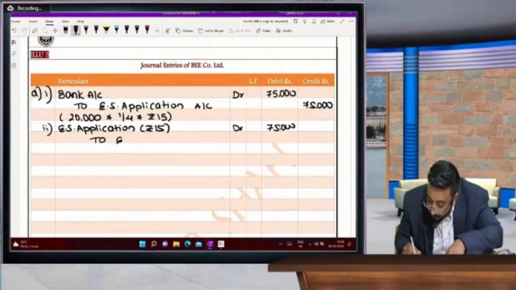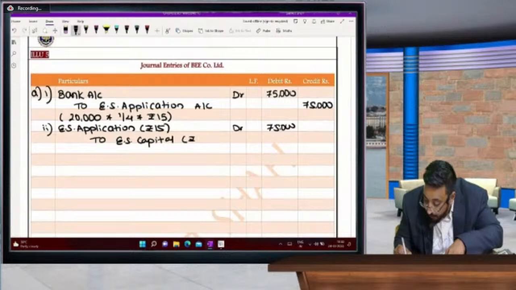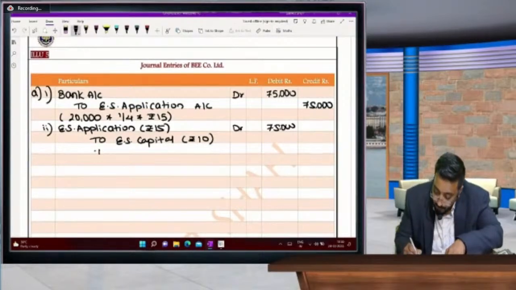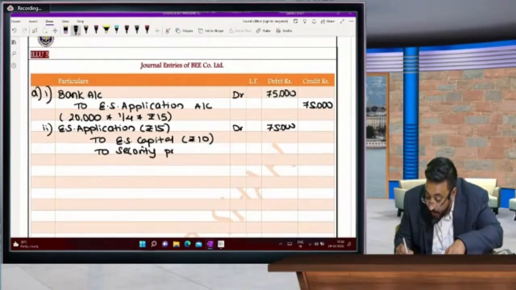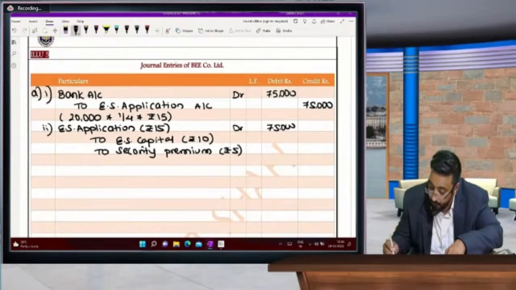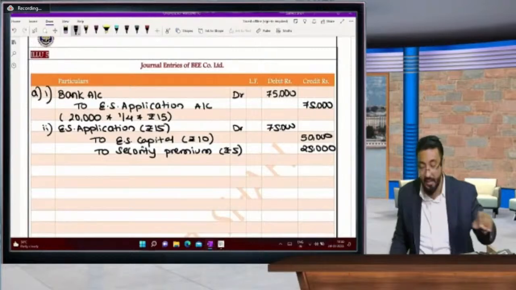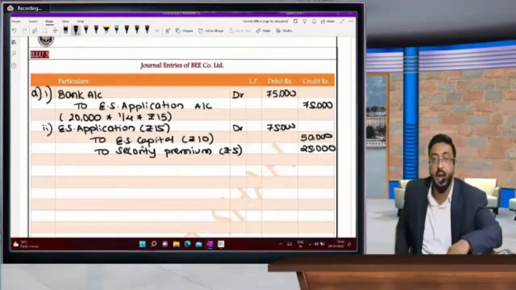But beta, you always transfer face value, so 5,000 into 10. And the excess money is called securities premium, rupees 5 multiplied by 5,000 shares. Being application money received and shares issued.